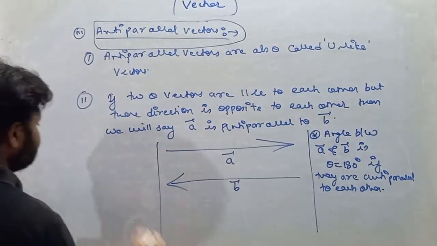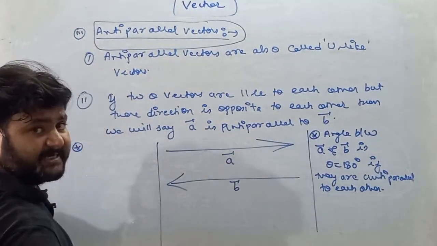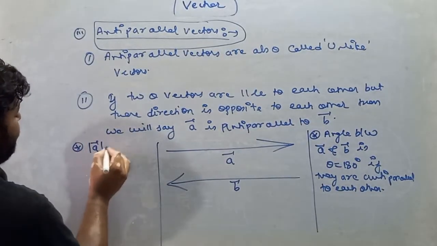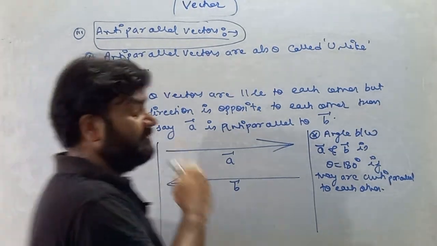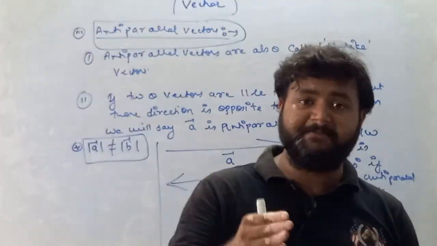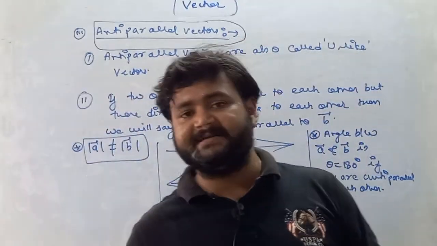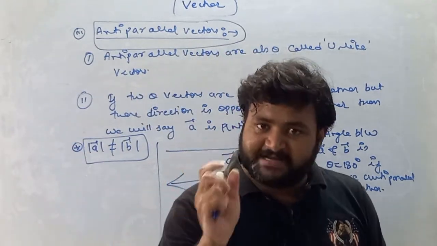And one more thing which is very important to understand, direction must be opposite and must be parallel to each other, although their magnitude may or may not be equal. It cannot affect. So the magnitude of a vector does not affect the anti-parallel or parallel condition. Anti-parallel means opposite in direction, parallel to each other. Angle between two vectors is 180 degrees.